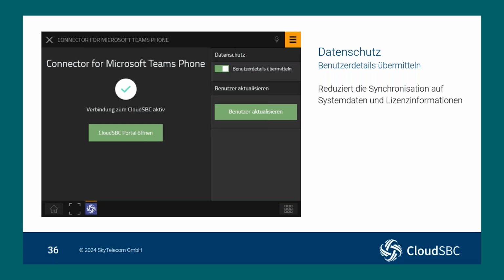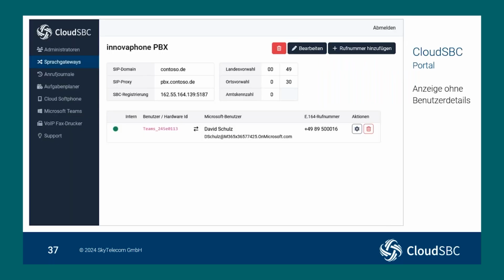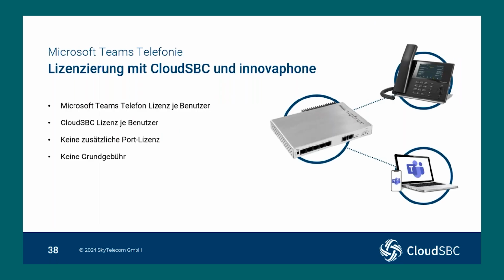If you disable this, you will see the connection still works, but on the Innovaphone side, we now just see this anonymous hardware ID. Okay, we still know it's assigned to David Schulz, so in real life this wouldn't be a big thing, but this is all done for GDPR compliance. This was the connection from CloudSBC to your Innovaphone.